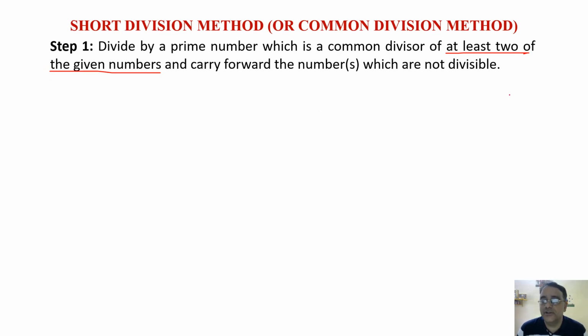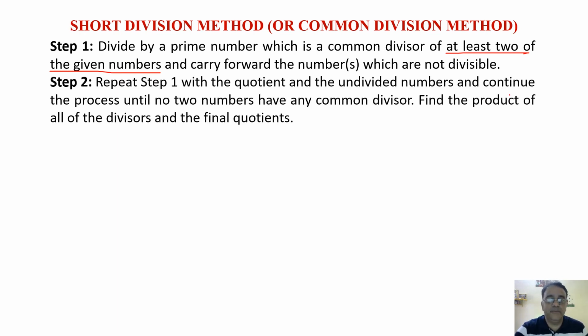Suppose we divide by 2, the number which is not divisible by 2, the same number we will carry forward in the next step. Step 2: repeat step 1 with the quotients and undivided numbers and continue until no two numbers have any common divisor. Finally find the product of all of the divisors and the final quotients.